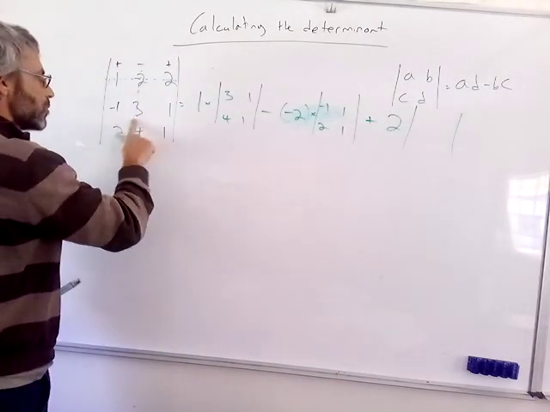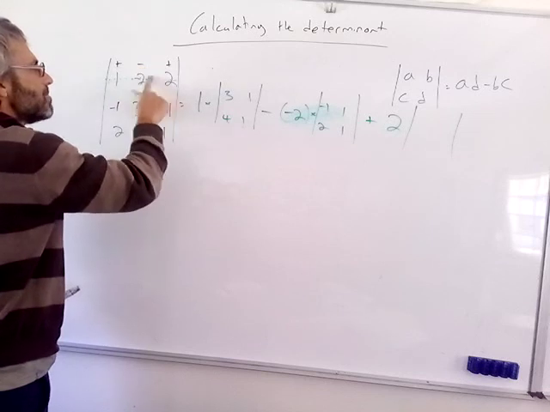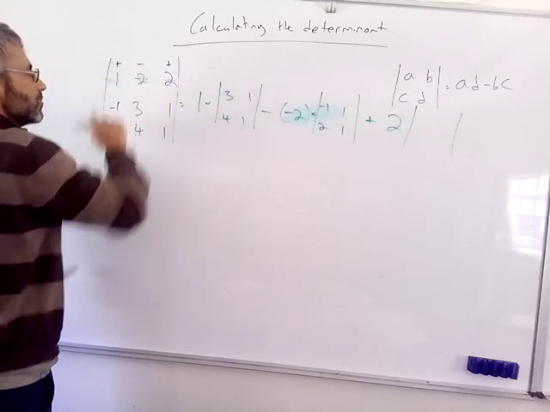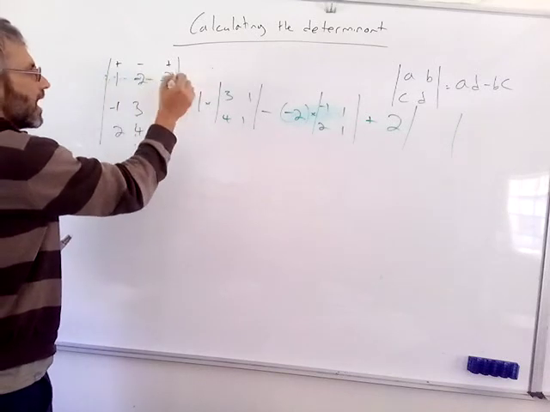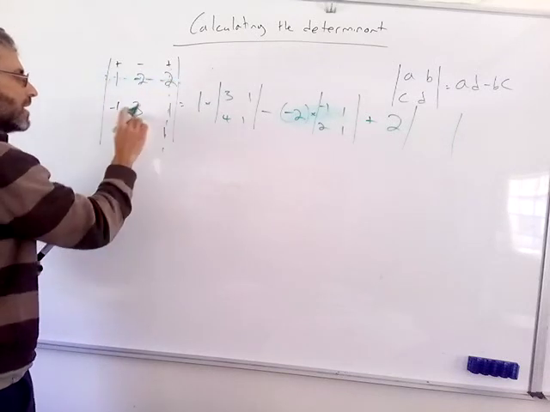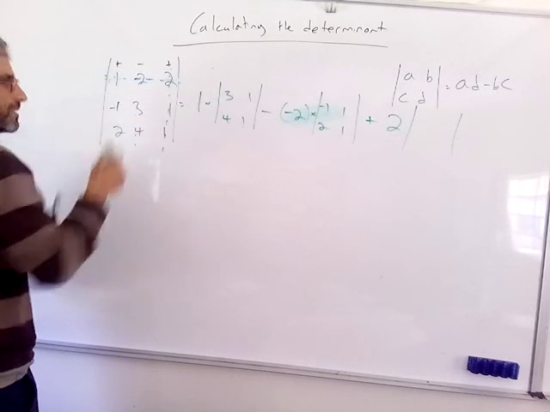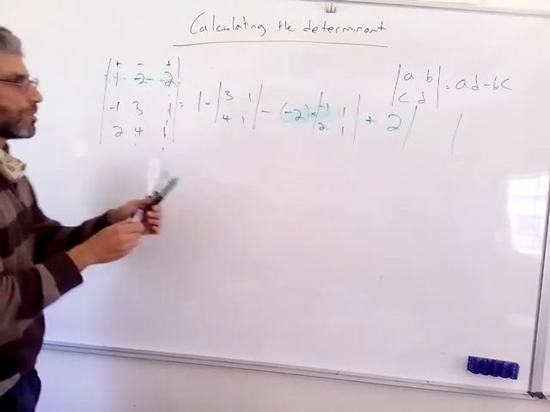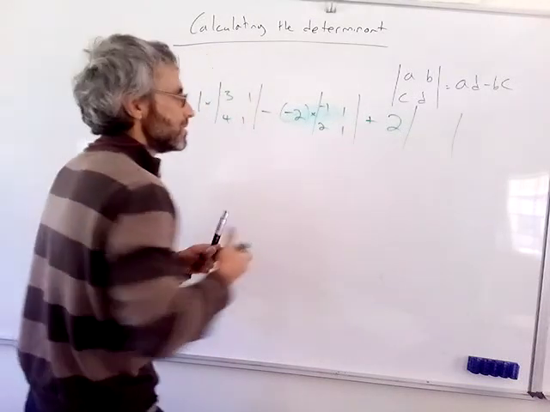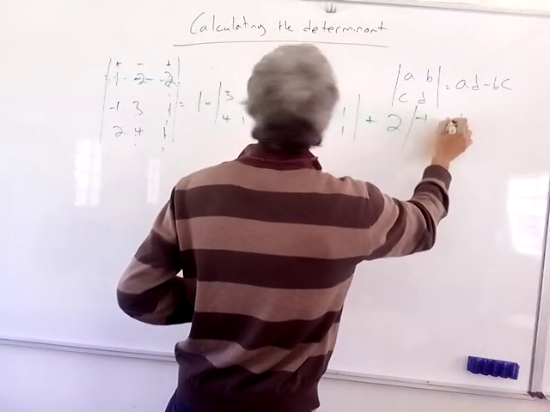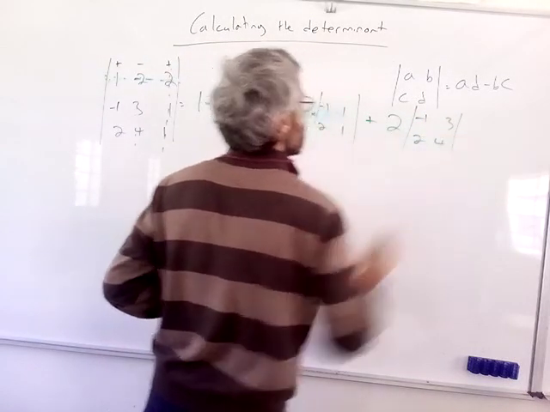Remember, I spoke about minors. What is the minor, or the determinant of the minor, more precisely? What is the minor of 2? Well, I'm going to put that line across these two lines, and now I've got this element. So I'm going to multiply 2 by the determinant of the minor, which is, let's use green, minus 1, 3, 2, and 4.